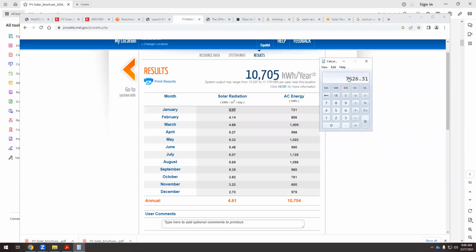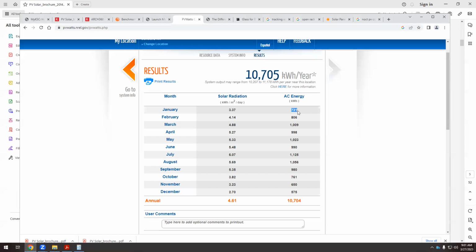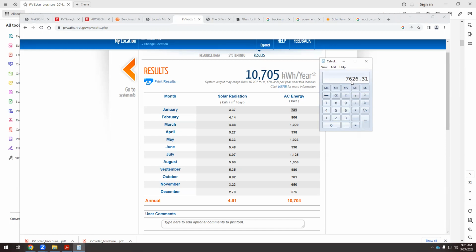So that's the total energy that the sun gives us for free. But now we have a device, and that device turns that solar energy into electricity. And then we have wires, and then we have inverters and charge controllers and all that stuff. So at the end, we end up producing 700 out of 7,000. So this is about 10%.